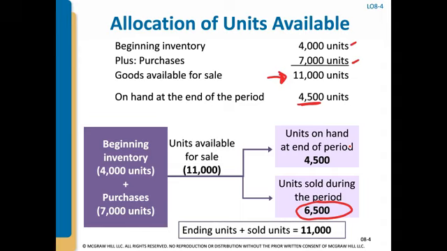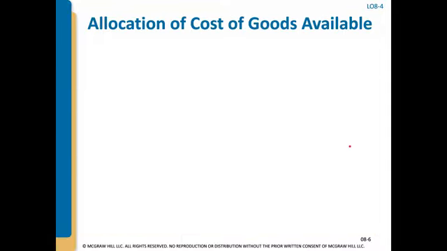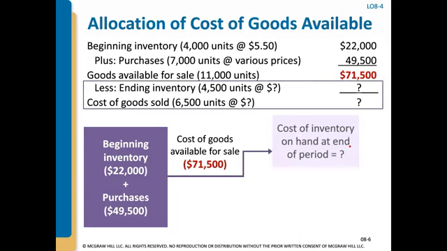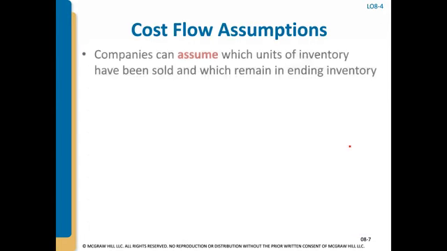So when you take your ending number of units plus the number of units we sold, we have 11,000 units, which is what our units available for sale was throughout the year. So this is just the facts again. Okay, so again, we're going to take the 71,500 and try to allocate it between the ending inventory and the cost of goods sold. That's what we're going to try to do right here.